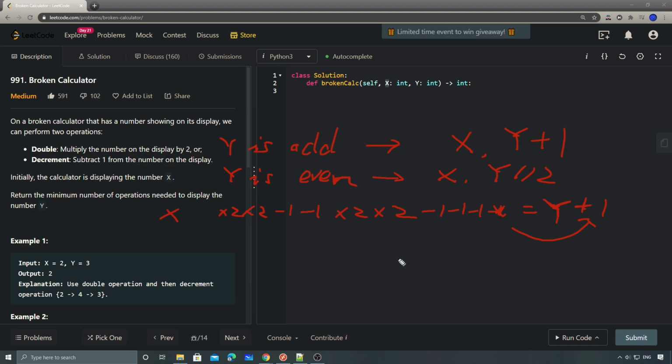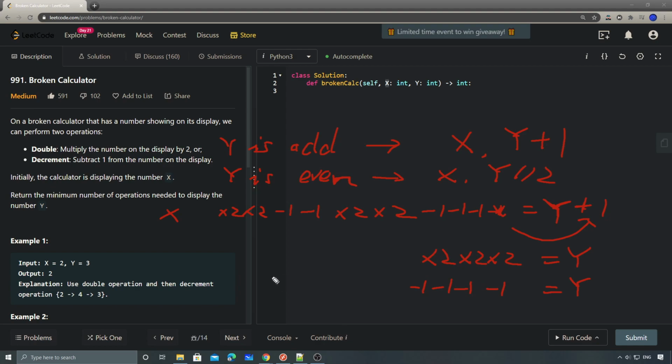The first scenario is that we have some doubles in the end, equal to y. The other is that we could have some minus, minus, minus at the end, equal to y when y is even. It's not that hard to prove that the double is always better than the minus as the last few steps. And why is that?